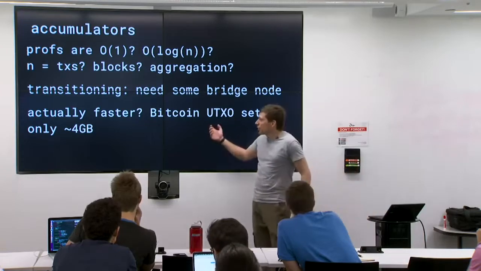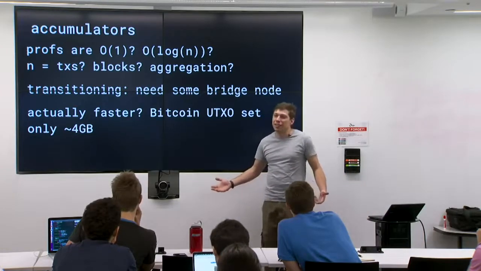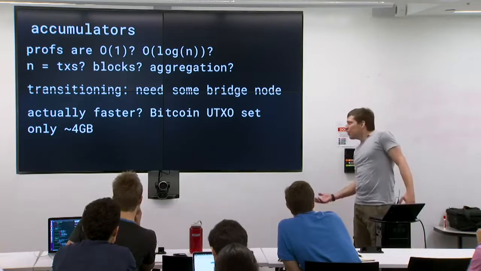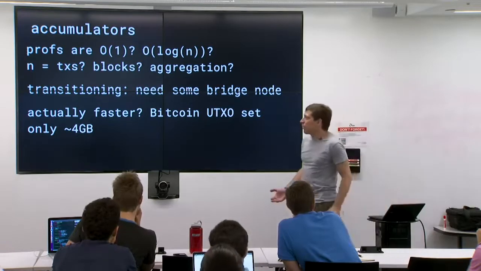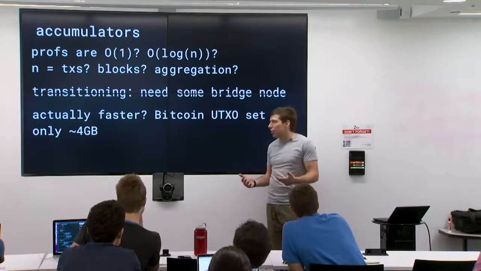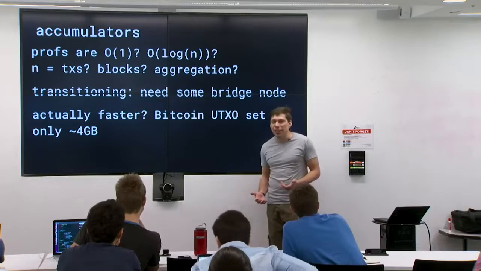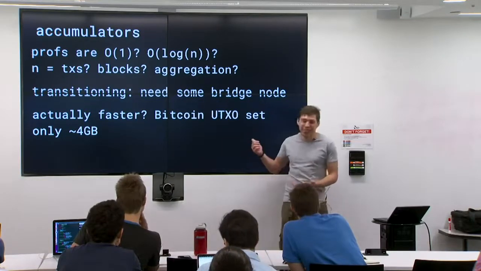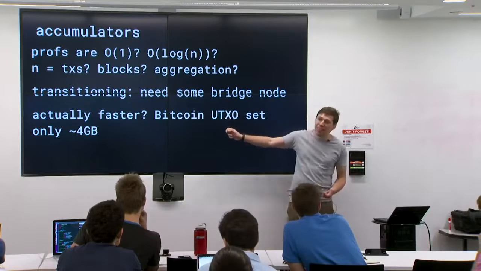Because the Bitcoin UTXO set, well, it's 4 gigs. Not even, right? It's 3.5 gigs now. So in practice, there are probably a lot of cool cryptographic technologies, and you could write a whole paper about all these cool things. And then if you actually implement it, it actually goes twice as slow. Also, this is super optimized.